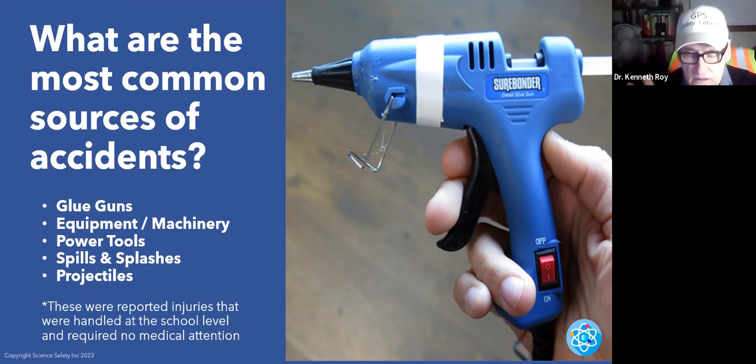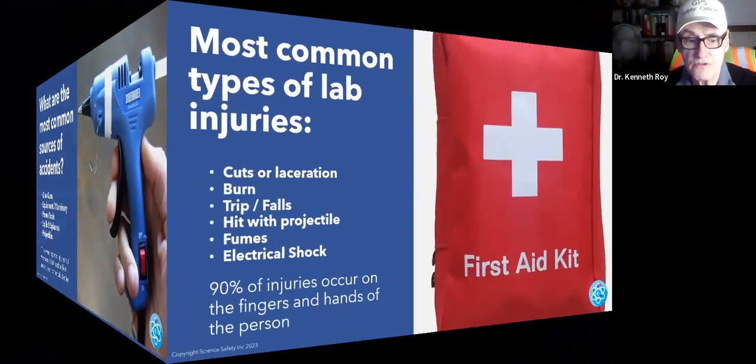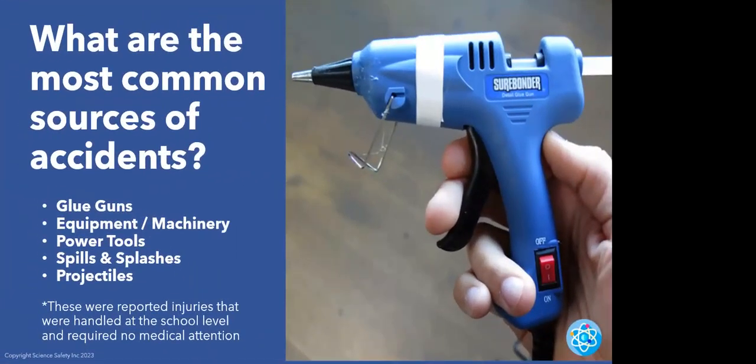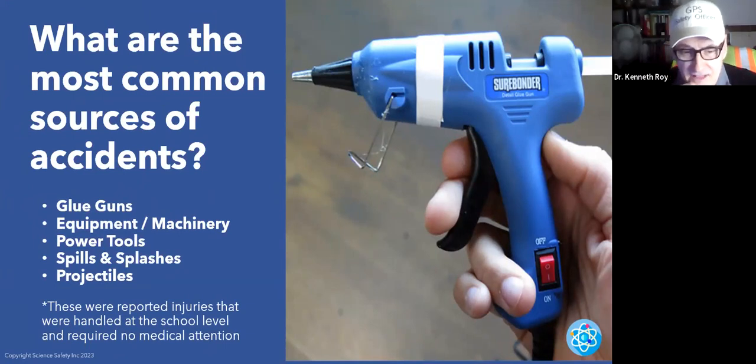Equipment and machinery, most certainly, and this is especially true in STEM labs, technology education labs, where you have power tools and hand tools, even in physics, same type of thing, right? Power tools, as I mentioned, spills, splashes, and projectiles. Somebody's got a hot finger. Anyway, these were reported, injuries were handled at the school level and required no medical attention normally. All right. Okay, next.